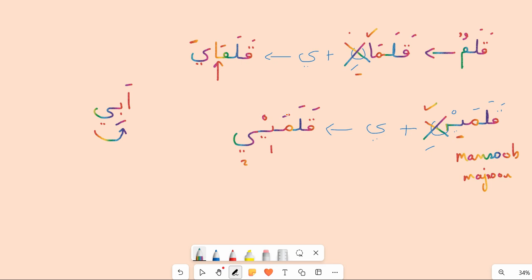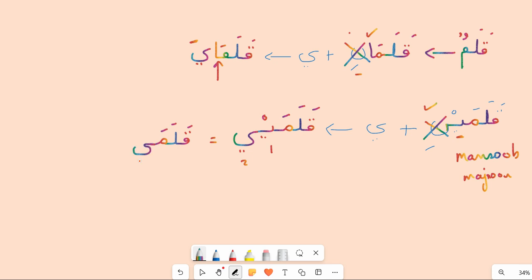Should we write it like this, qala mai? No. What is happening? We will overlap the two yas together, and we have a structure qala maya. And remember, the ya will have a fatha.